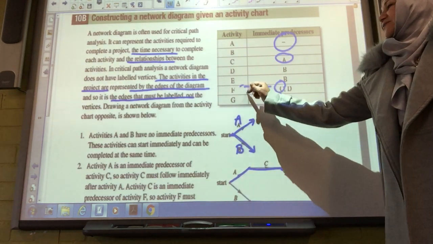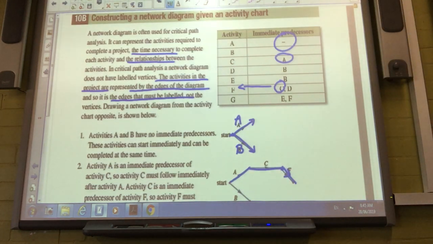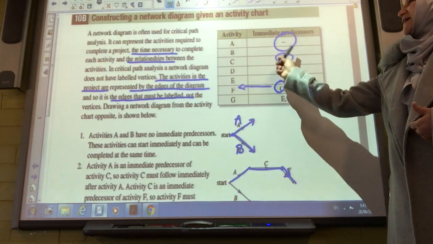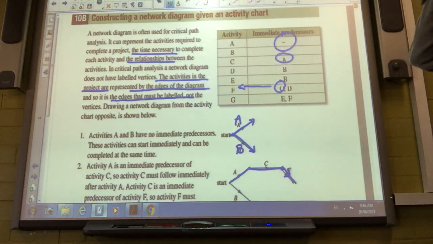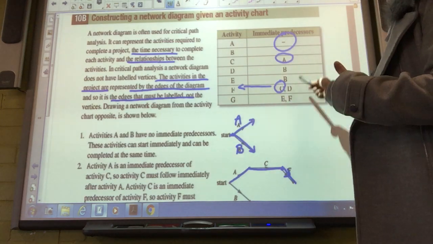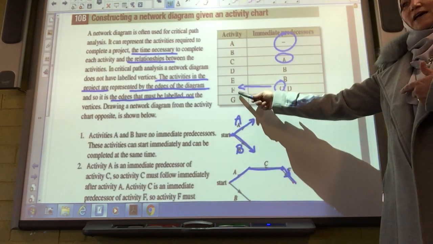F. Do you see why we go there to F? We don't have to follow the table as it goes A, B, C, D. We had A as a predecessor of C, then we wanted to see what comes after the edge C. So we look at the table and find C. So C is a predecessor of F.